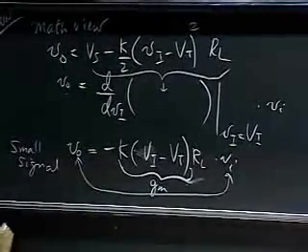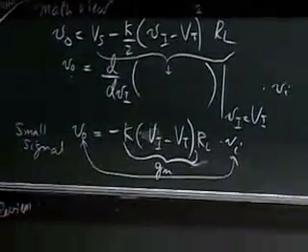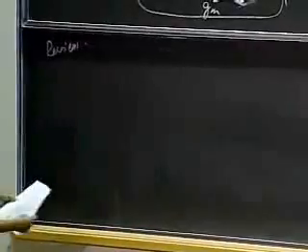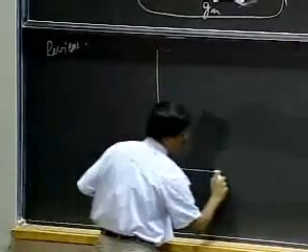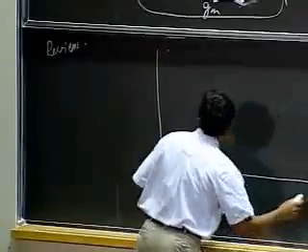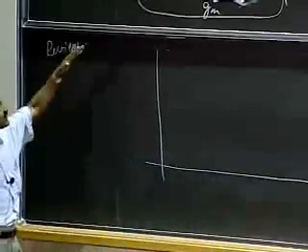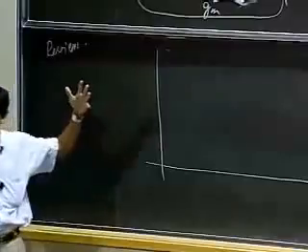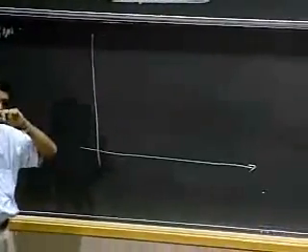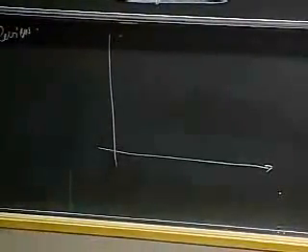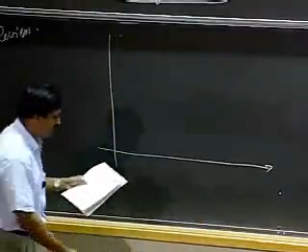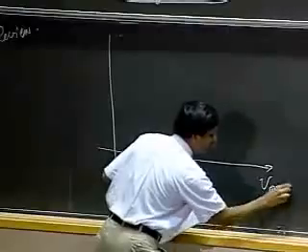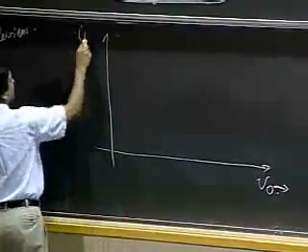Even more review. So I can draw the transfer function and plot VO versus VI. Another way to graphically view what's going on is by plotting the load line curve for this circuit. So this is VI.